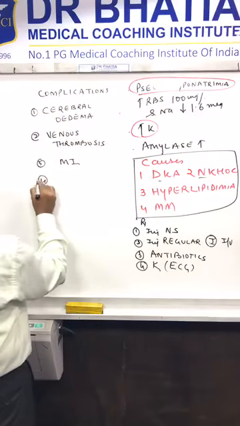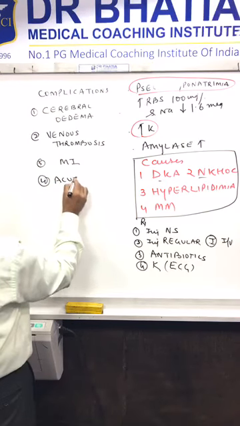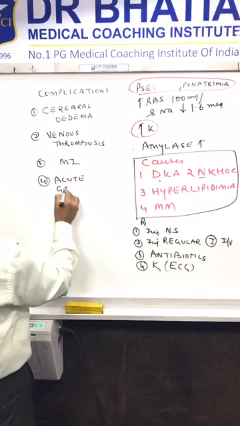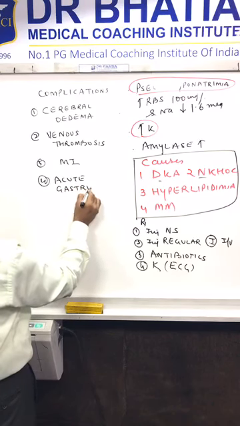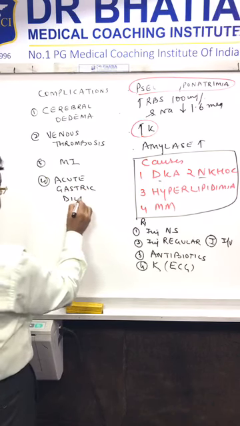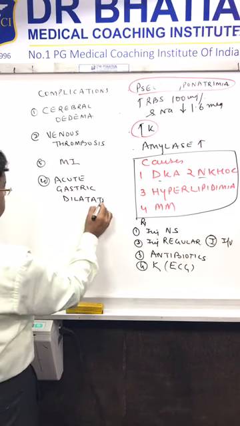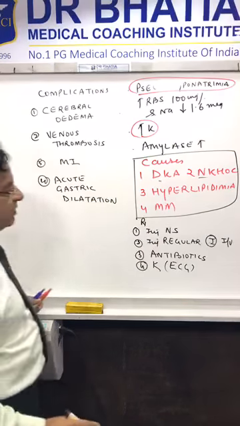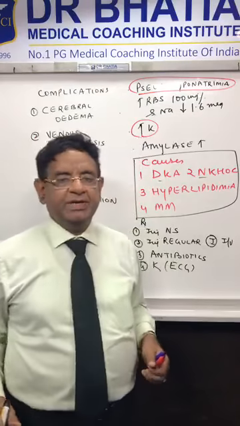Then acute gastric dilatation. These are some of the complications of a case of DKA.